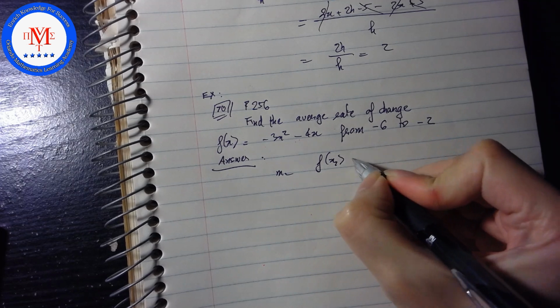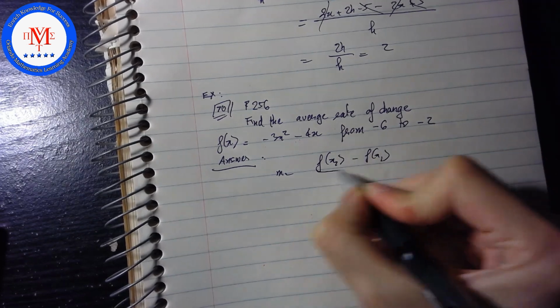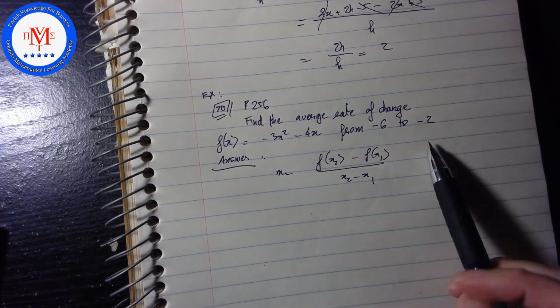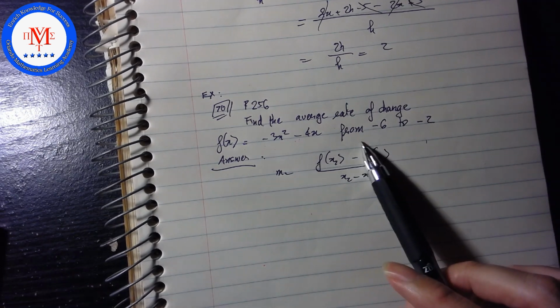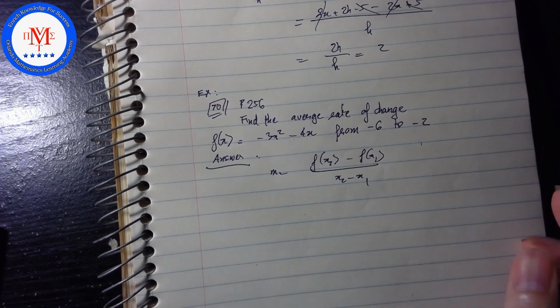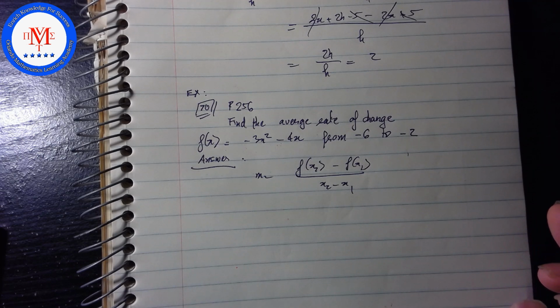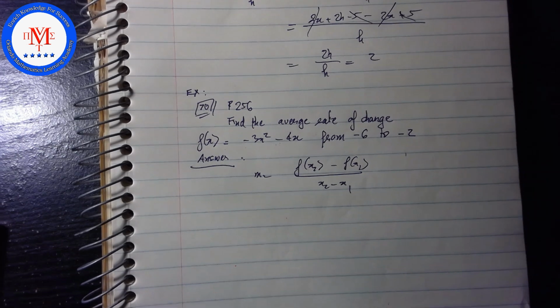So they give you x2 and x1 already, because it is said here from negative 6 to negative 2. That is the x component of the 2 points. So we need to find the y component. It means that we have to find f of negative 6.